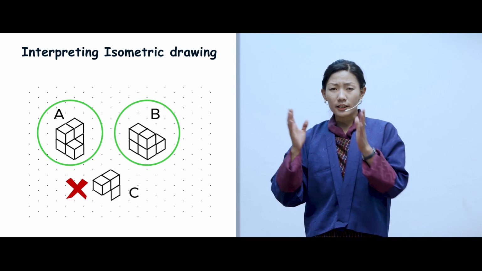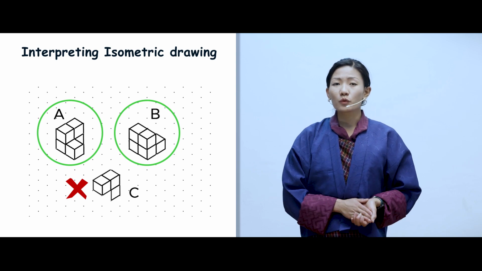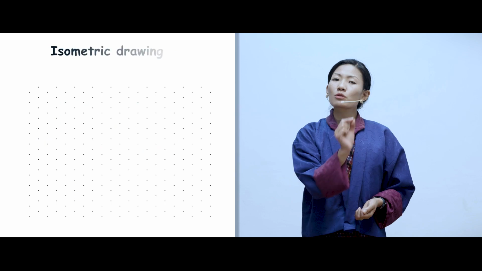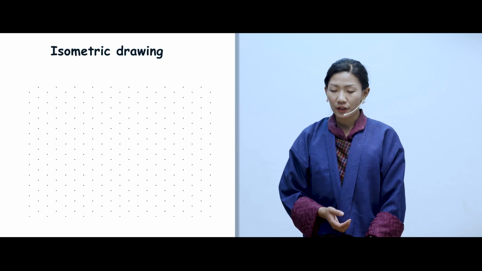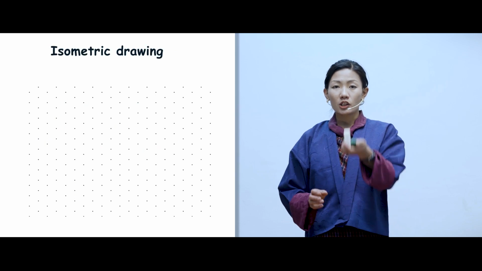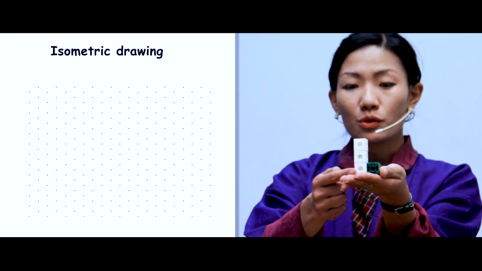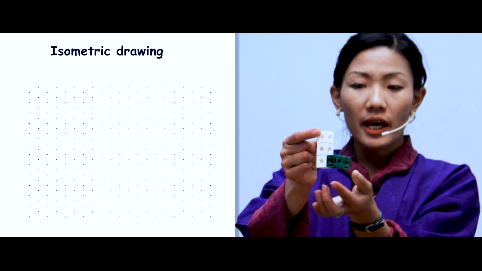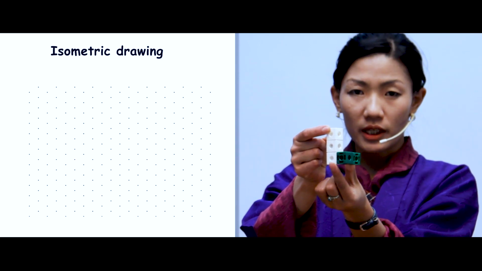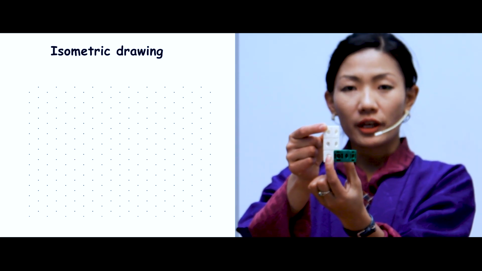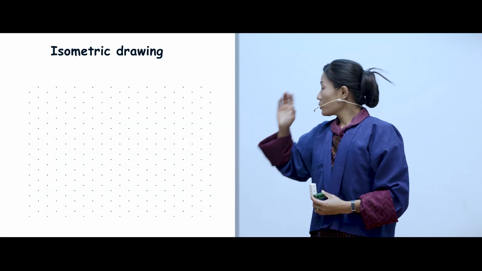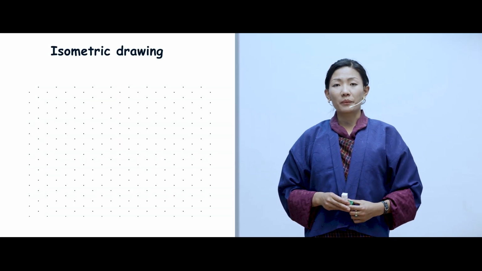Now let us look at another structure, and this time we are going to learn how to actually draw an isometric drawing. Okay? So let's take a look at this structure. What do you see? You see 3 white cubes and 2 green cubes, right? Let us start drawing. Now, do you see this paper behind me?